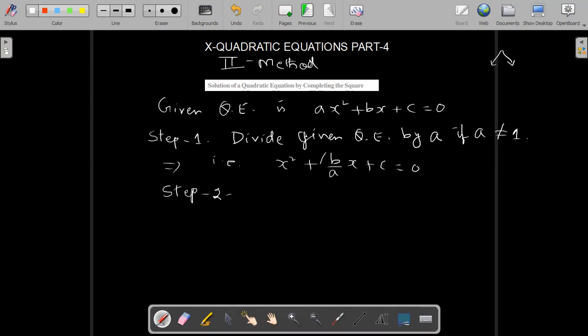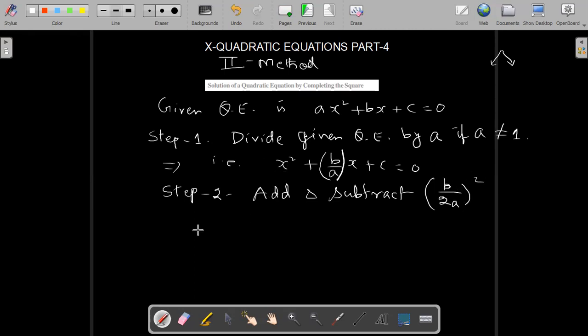Whatever you are getting as b upon a, take the coefficient of x, divide it by 2 always, and its square should be added and subtracted in this equation. So add and subtract b upon 2a square.